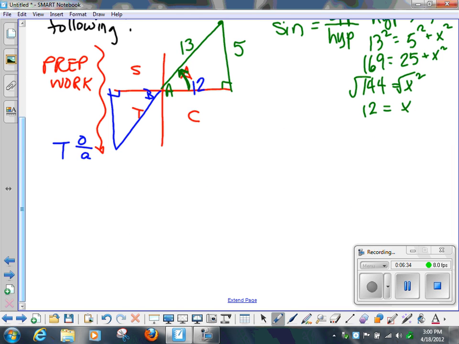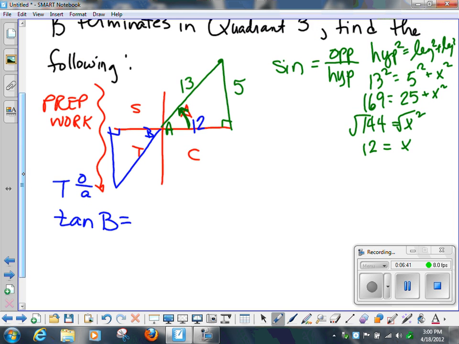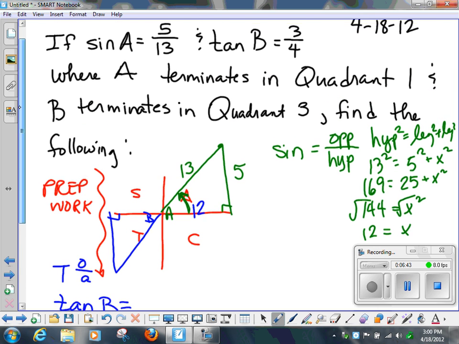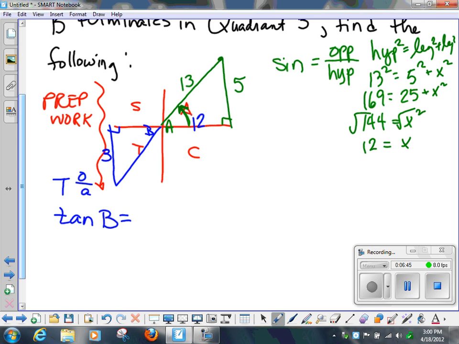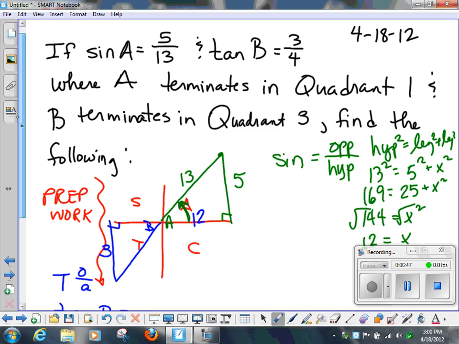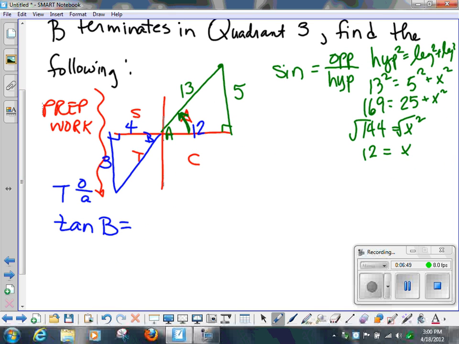Tangent of B. All right, B is here. Opposite is 3. Adjacent is 4. So what's the hypotenuse? You should know this one. 5. This is the triple. All right, so we have everything in there.